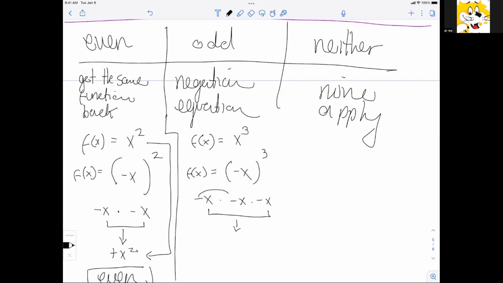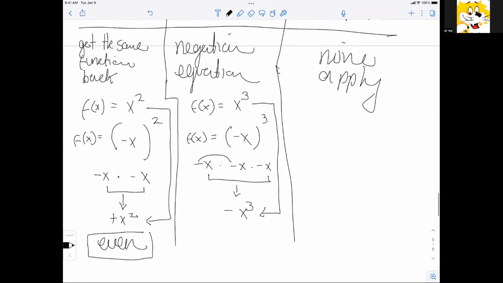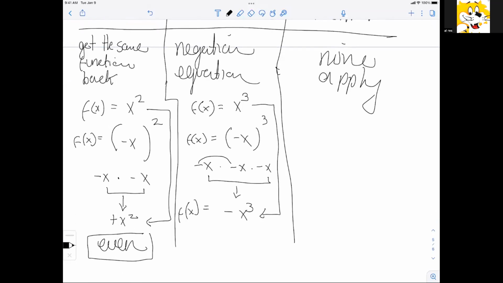A negative and a negative gives me a positive. A positive and a negative gives me a negative. Did I get the negation of my function? I sure did. I didn't get myself back. If I had gotten myself back, it would have been positive x to the third. I got the negation, like multiplying a -1 into it. So this is odd.